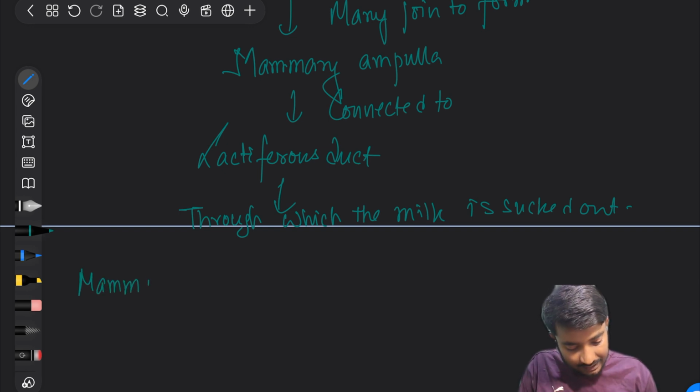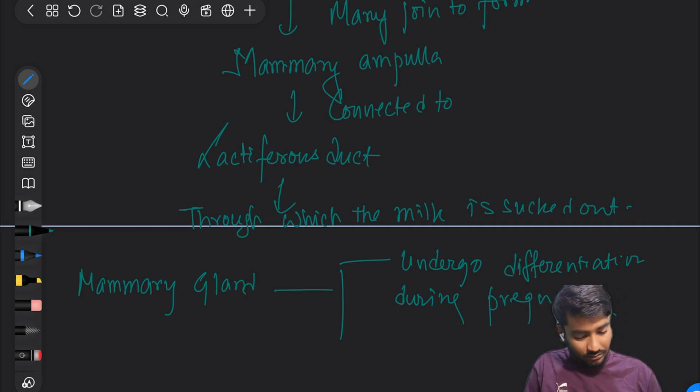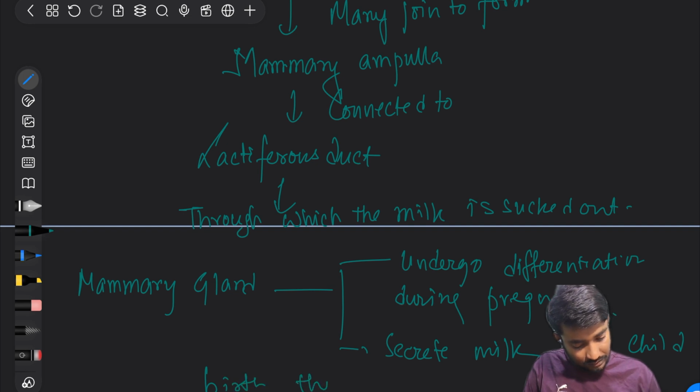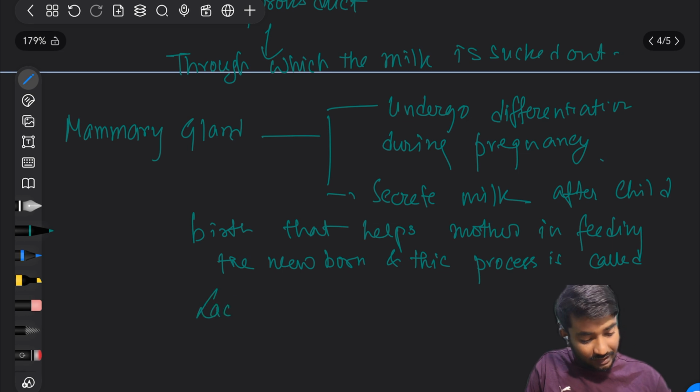Now the mammary glands undergo differentiation during pregnancy, and it secretes milk after childbirth that helps the mother in feeding the newborn. This process is called lactation.